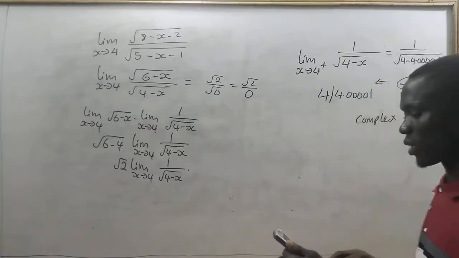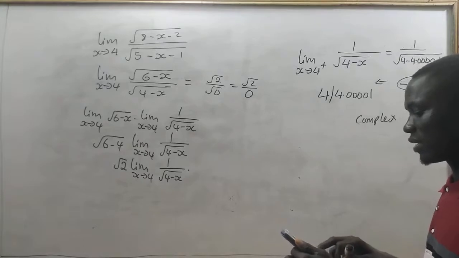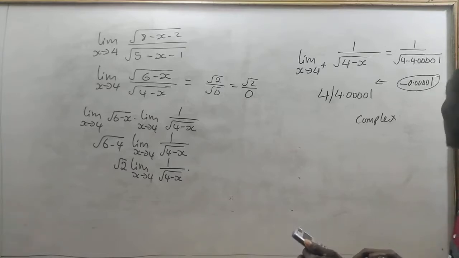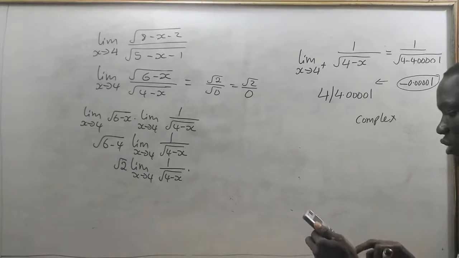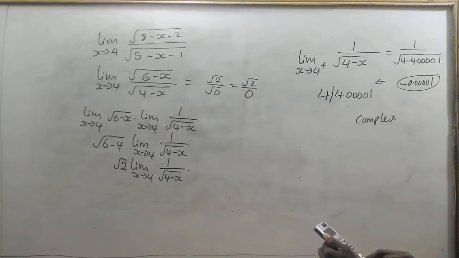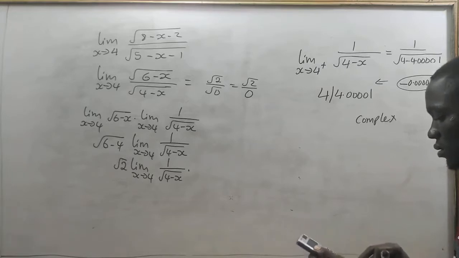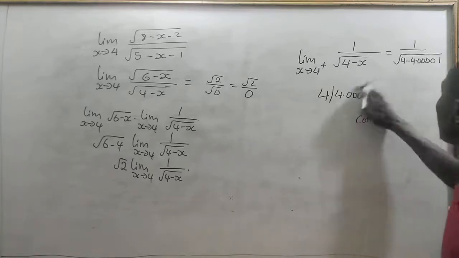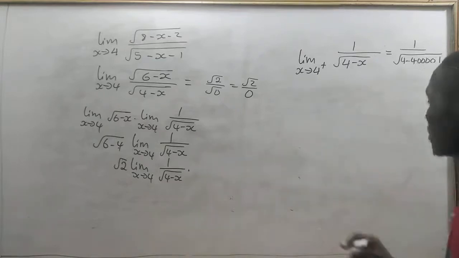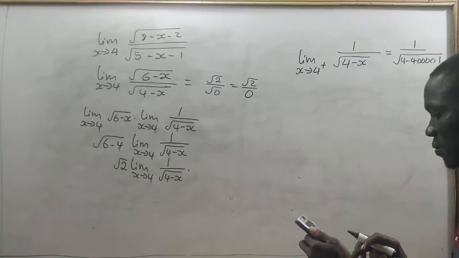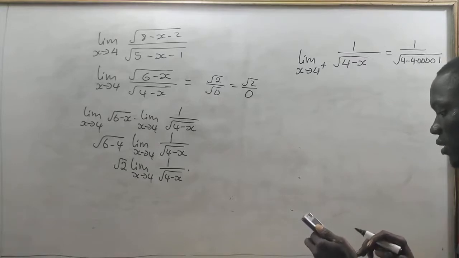So if you punch 1 divided by square root of 4 minus 4.00001, 4 zeros, right? We are going to get, as I wrote first, 4 minus 4.00001.